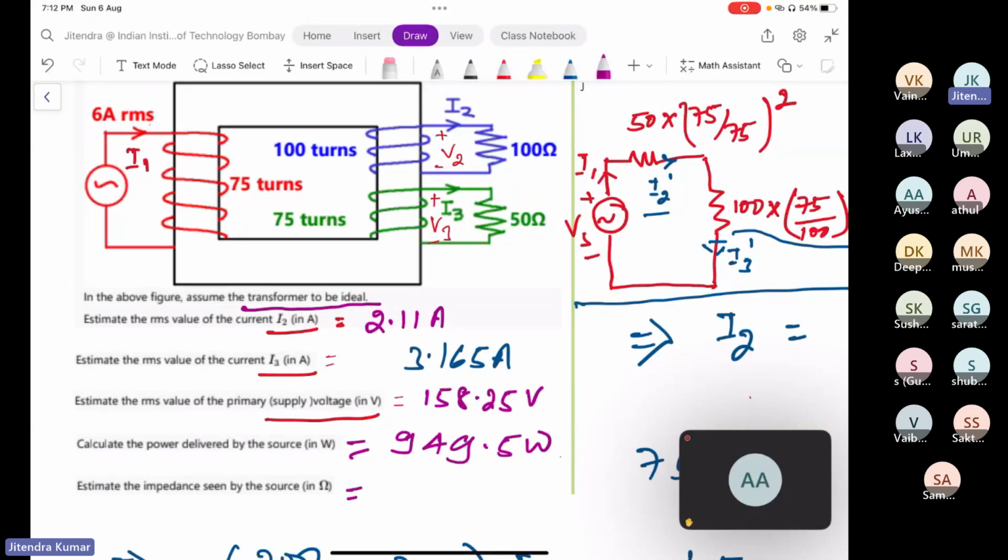Okay, so I will come up with some idea of how to draw the equivalent circuit when we have a transformer with more than two windings. There must be some way, and if not, then we should find one. Till that time, try to balance it out with voltage and current.